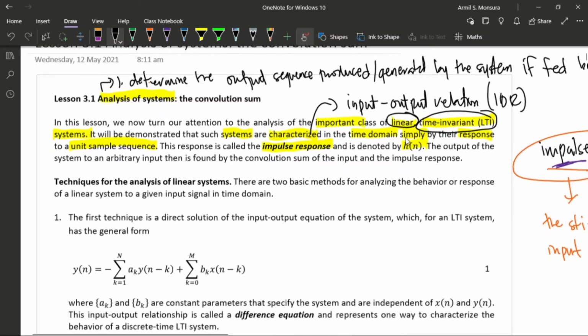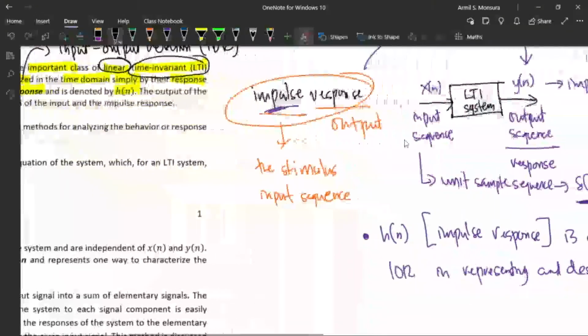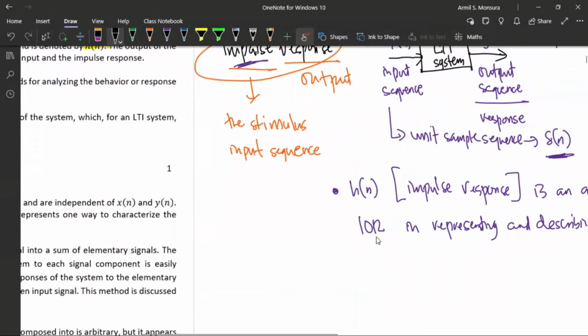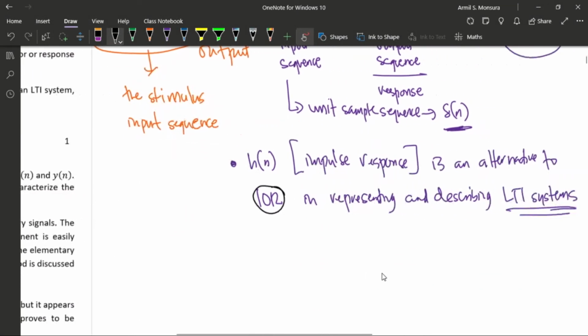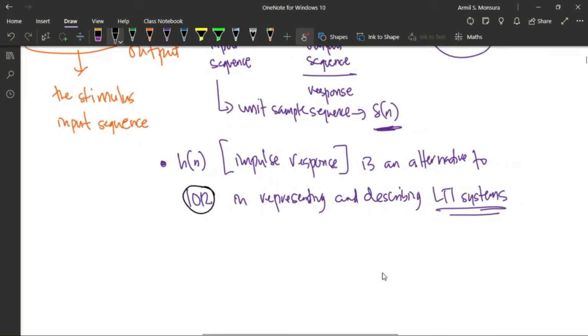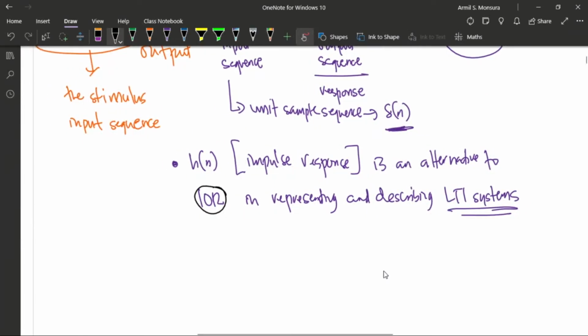And in the past lessons, we saw how to do this with input-output relations. We were able to see how input-output relations allow us to compute the output sequence, given that we have an input sequence.